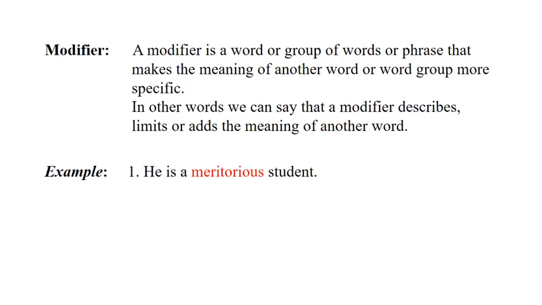Here the word meritorious is used before the noun student and it describes the student. The second one is, the man working in the field is industrious. Here the phrase working in the field is used after the noun phrase the man and tells us something more about the man. So it's an example of post-modifier.